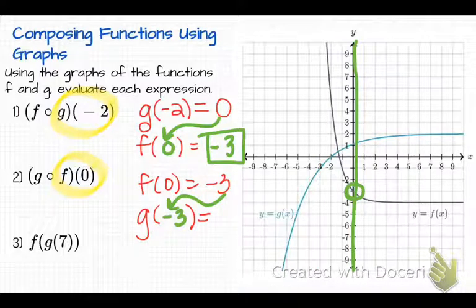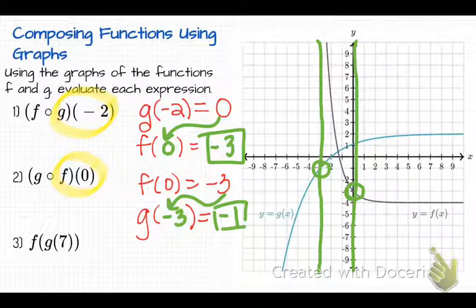Now, again, you don't have to draw vertical lines, and you don't have to write all of the parts in between. I'm writing them so my numbers aren't coming out of nowhere, and so you know where they're coming from. Okay, so when I'm looking for G, is that coming from the blue graph or the purple graph? The blue, so I'm looking right here. Where is that point of intersection? At -1, so that's my answer here.